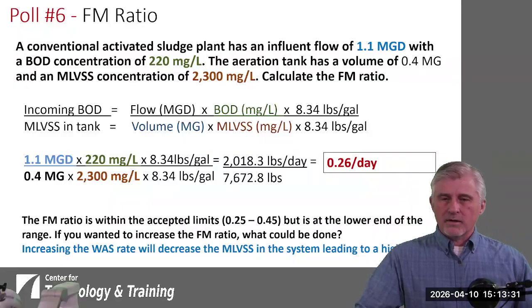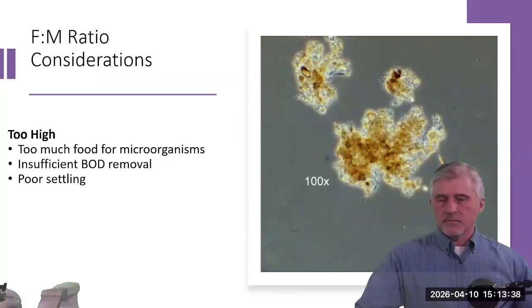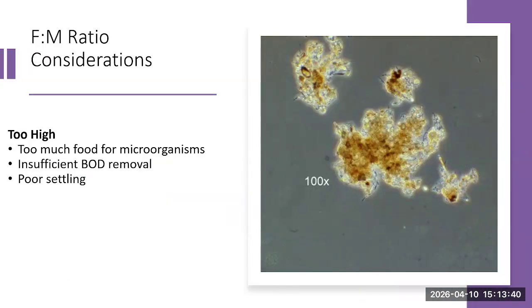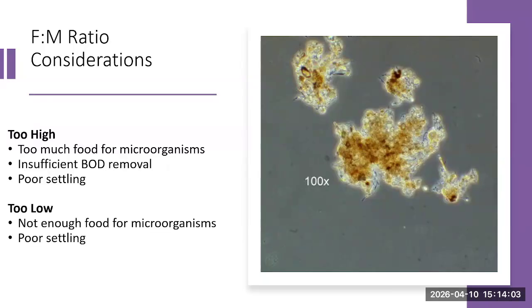So what effects do our food to microorganism ratios have? If the ratio is too high, that means we've got a lot of food for the bugs. There's too much food for the bugs to eat, so we're not getting enough of that BOD removed, and we can end up with poor settling in our clarifiers.